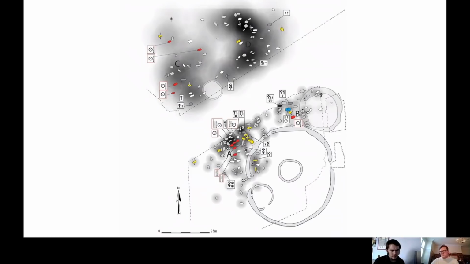You don't see that amongst the women, the more elaborately buried females, because they're all coming in from different places. Whereas you do see that amongst the lower status women, perhaps amongst these different communities, those, for example, in areas C or D, in these different groups.